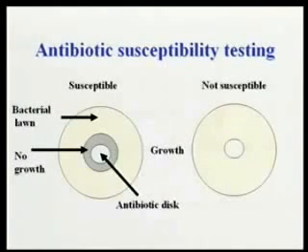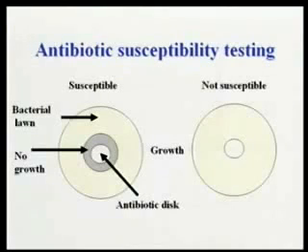You'll see that we see this grey color. What this is indicating is that they haven't grown around the disc. In the case where the organism couldn't care less about the antibiotic, it's not susceptible, the organism grows all over the plate, even right up to the disc. Because the antibiotic is impregnated on the disc, and when you put it on the agar plate, the antibiotic diffuses out of the disc into the plate.